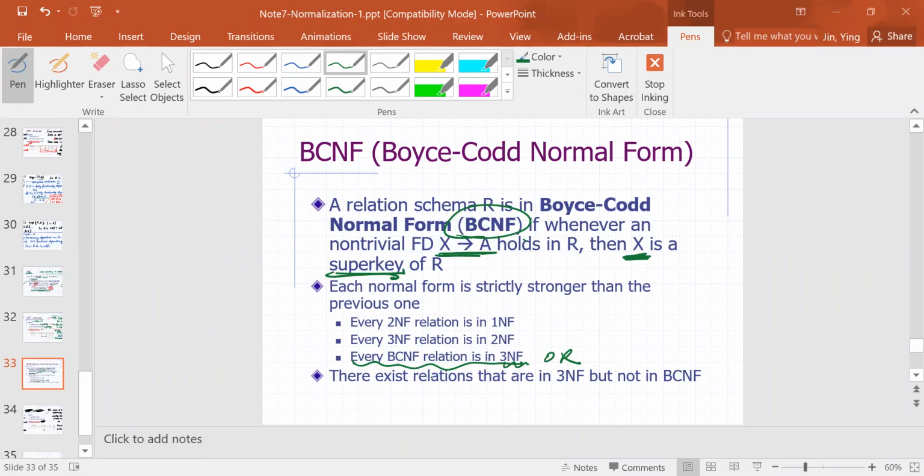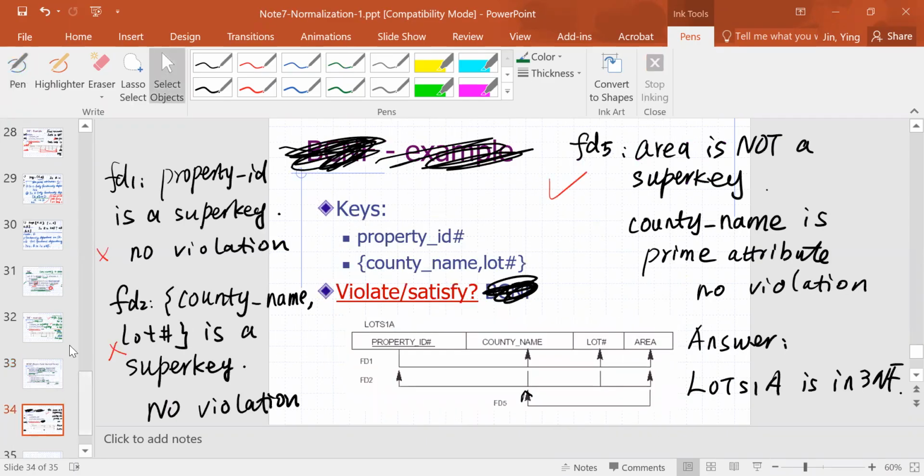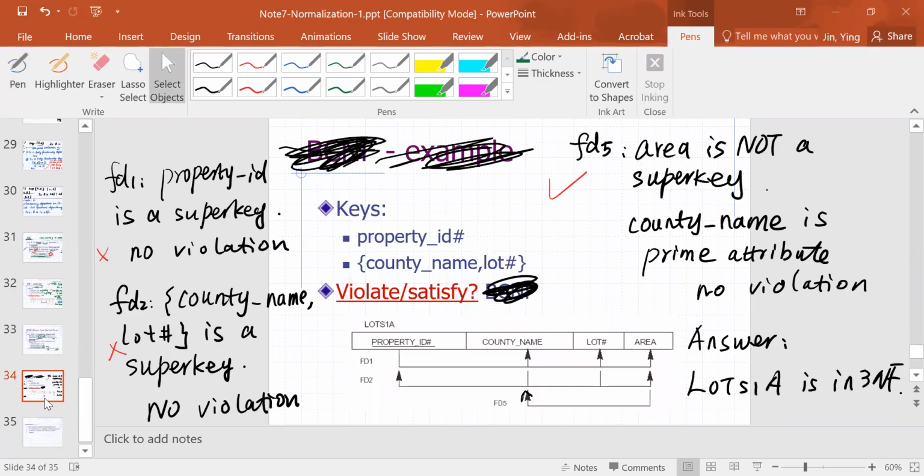So to show BCNF is more strict than third, I can show you an example that is in third normal form, but not in BCNF. Right, so that means which is the strongest? BCNF, right? It's the most strict. So this is actually a good example, right?